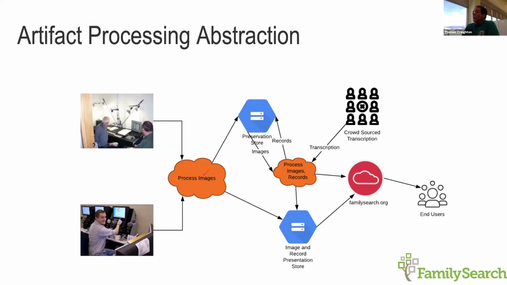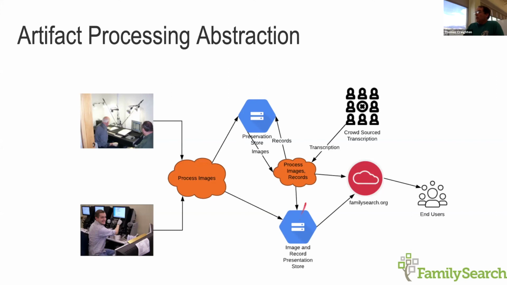And so the images go off that direction, and then they also go down, they're reduced in size, and we produce thumbnail images. And these are placed in our online access store in Amazon.